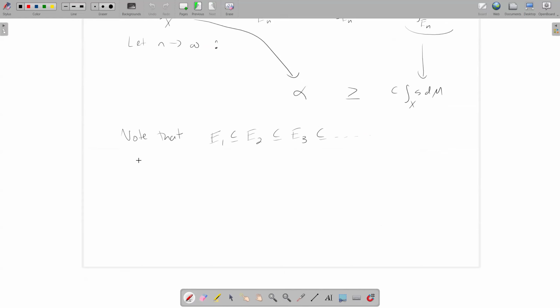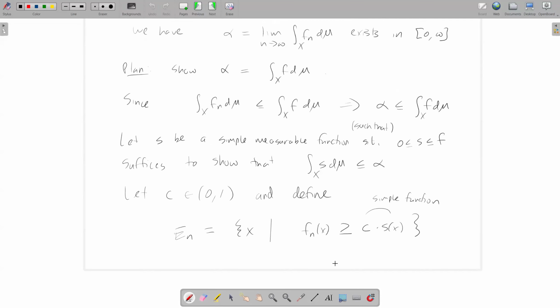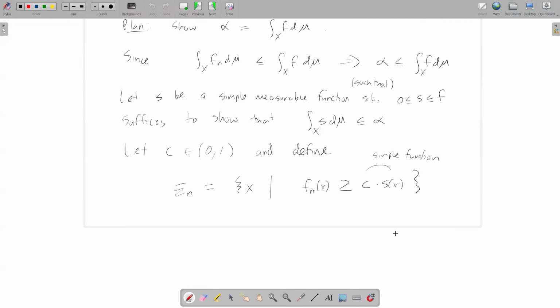And the entire space is equal to the union of these E_n. So let's go back to the definition. If we fix x, then we know that eventually f_n of x will have to be greater than c times s of x, because s of x is less than or equal to f, and if we multiply it by a number that's less than 1, it's going to get strictly smaller than f, unless f is equal to 0.